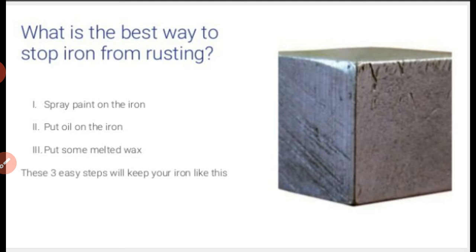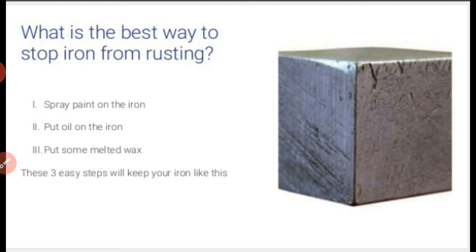The first way to stop iron from rusting is to spray paint on the iron. By spray painting any iron material, we stop it from rusting.